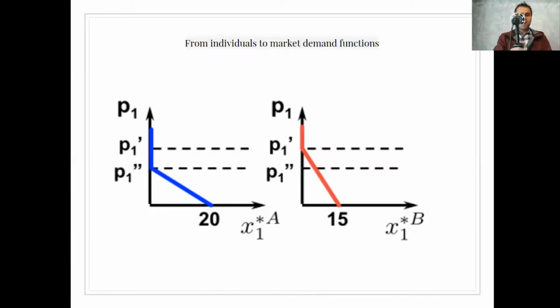At different prices, the demand of person A for whatever this good X1 is starts consuming until the price is as low or as high, depending on how you want to phrase it, as P1 double prime. And from the point P1 double prime and at a lower price, person A decides to consume all the way to 20 units if the price was free, if the price was zero.